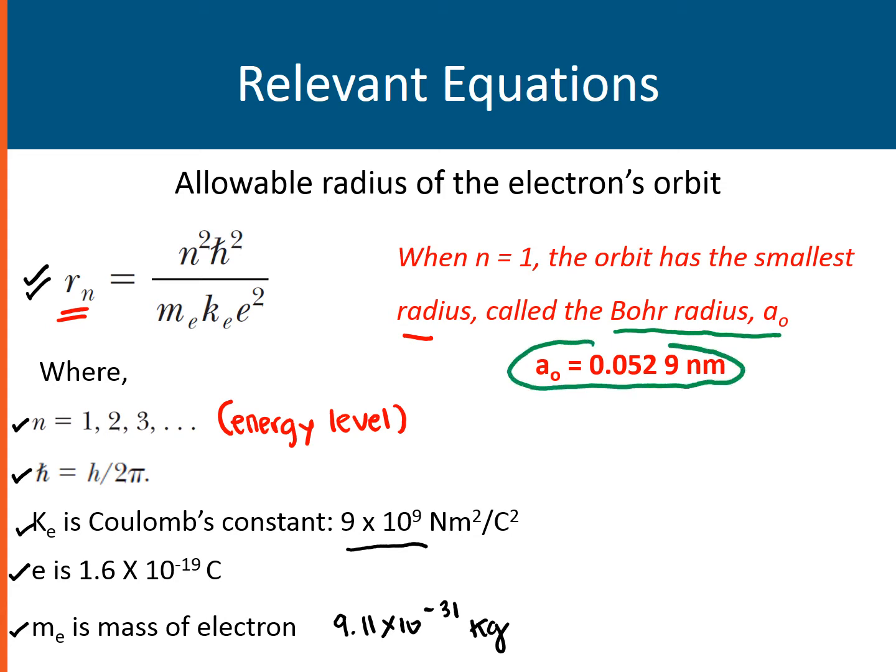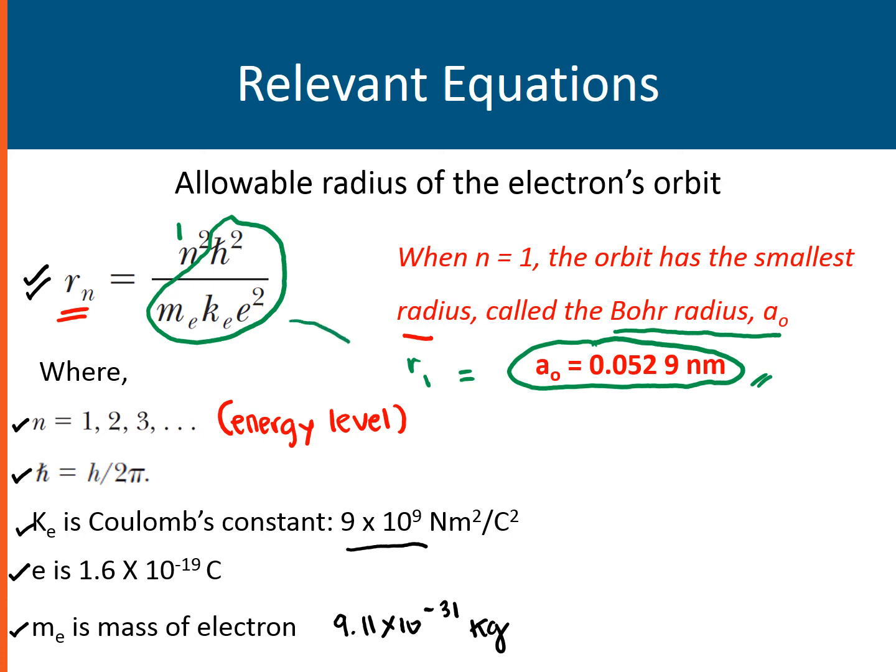So if we substitute n here with 1, and this quantity here is actually a constant, therefore r sub 1 is equal to the Bohr radius, and it has this value.